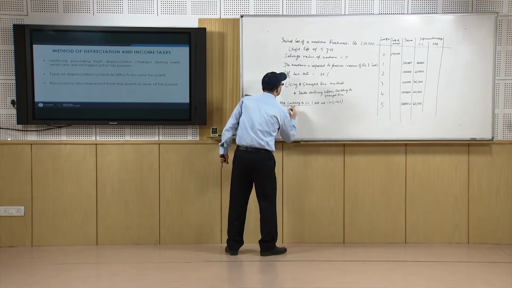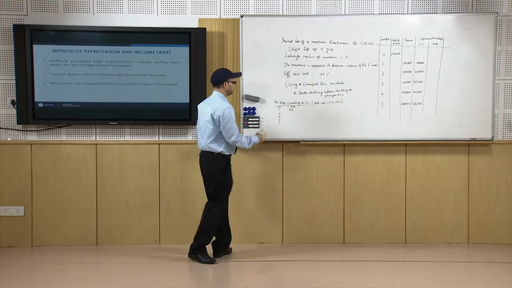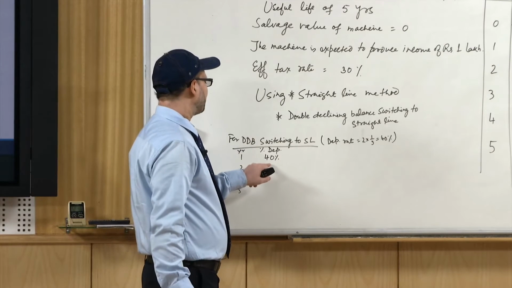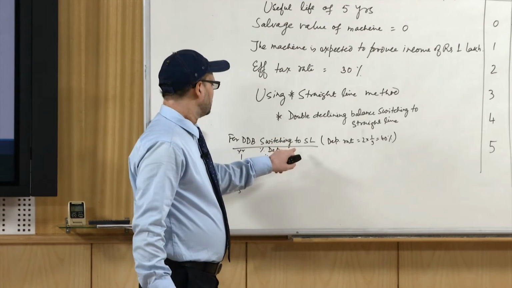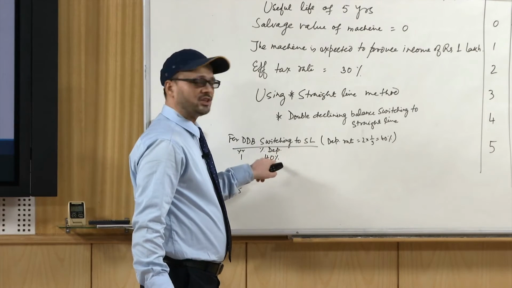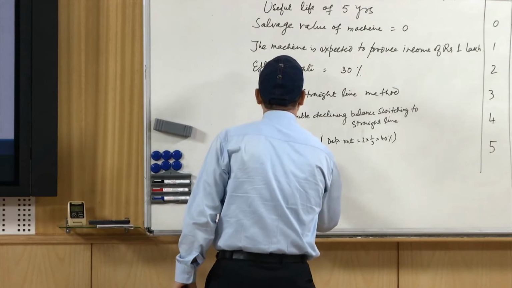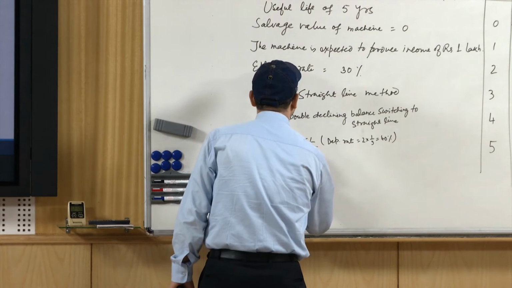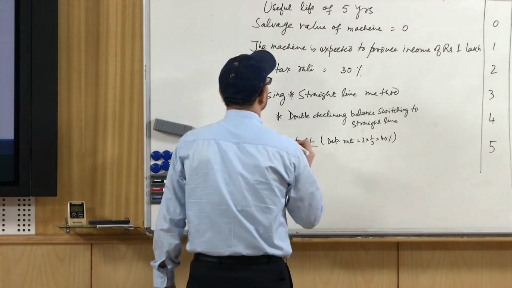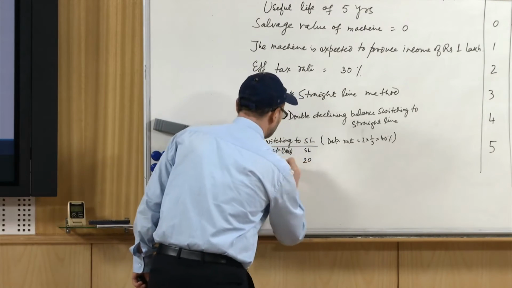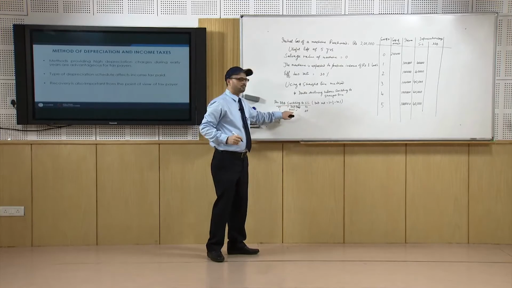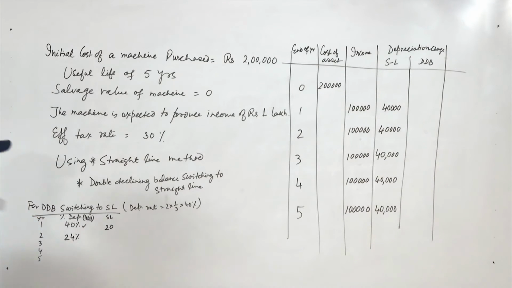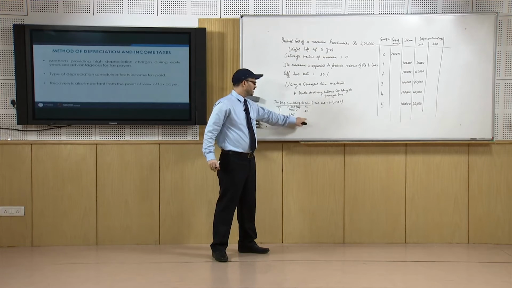So, in the first year it is 40%. In the second year you have the book value as 60. Once we go for switching to straight line, if you go by straight line we get 20, so this is taken. With a book value of 60, in the second year you have 24%, and you have 4 years left.